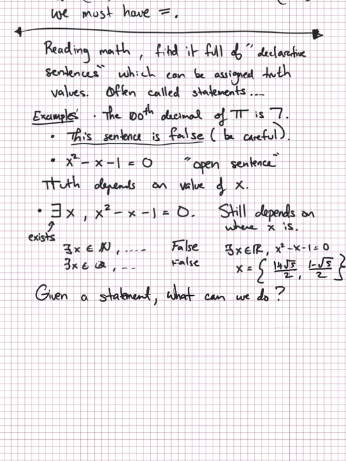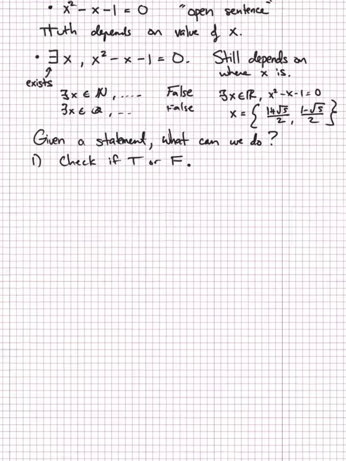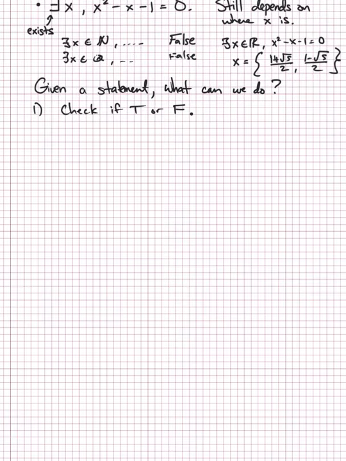So the first thing, of course, is just check if it's true or false. That's a good thing to do. Sometimes that's hard, but what could be better than that? Okay, what can you do after that? So the next simplest thing might be to negate it.